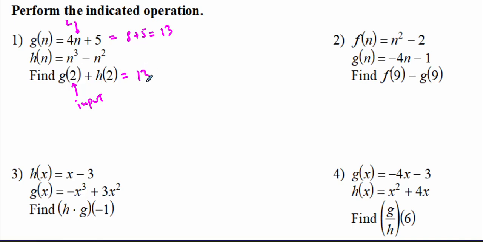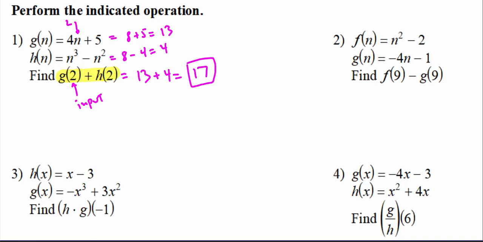And I continue plus, and if I do the same operation over here, 2 in here, this is 8, right? 2 to the third, minus 2 squared, which is 4. So this part is 4. So the final answer here is 13 plus 4 is 17. That's your final answer for this question.